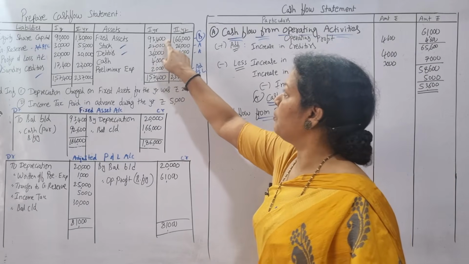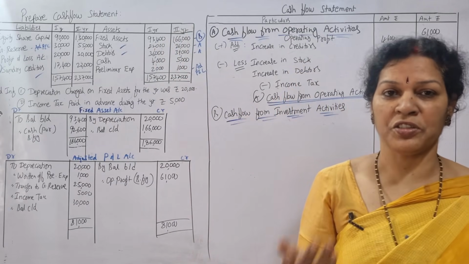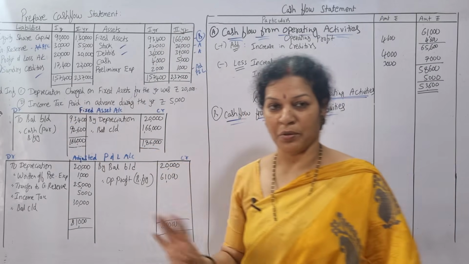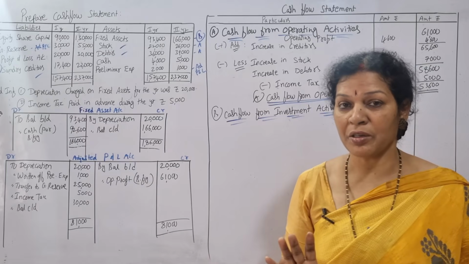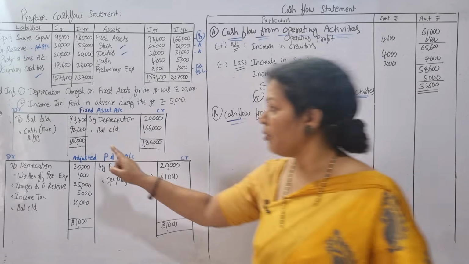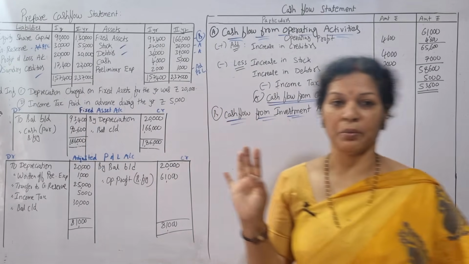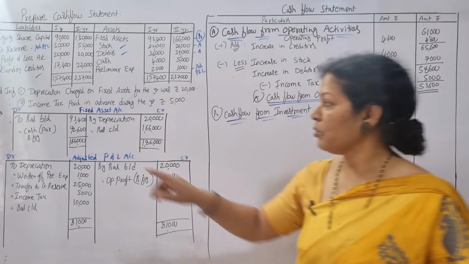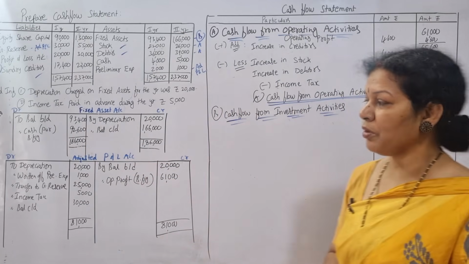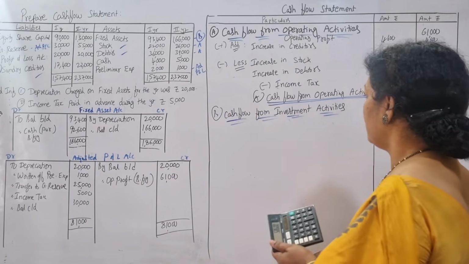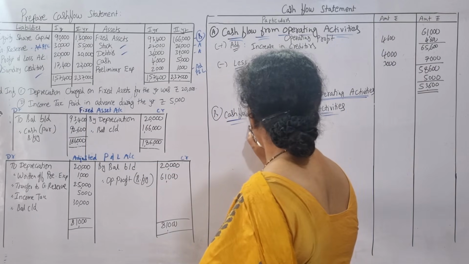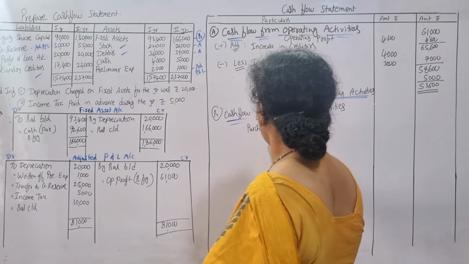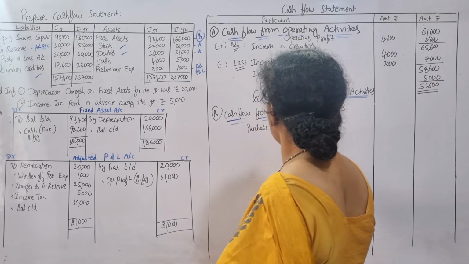Actually it is 93,400 to 1,63,000 purchasing, but now we open the fixed asset account. Whatever we got when we open the fixed asset account, this one we are going to take, because it is after considering the depreciation. So this is purchase of fixed assets.